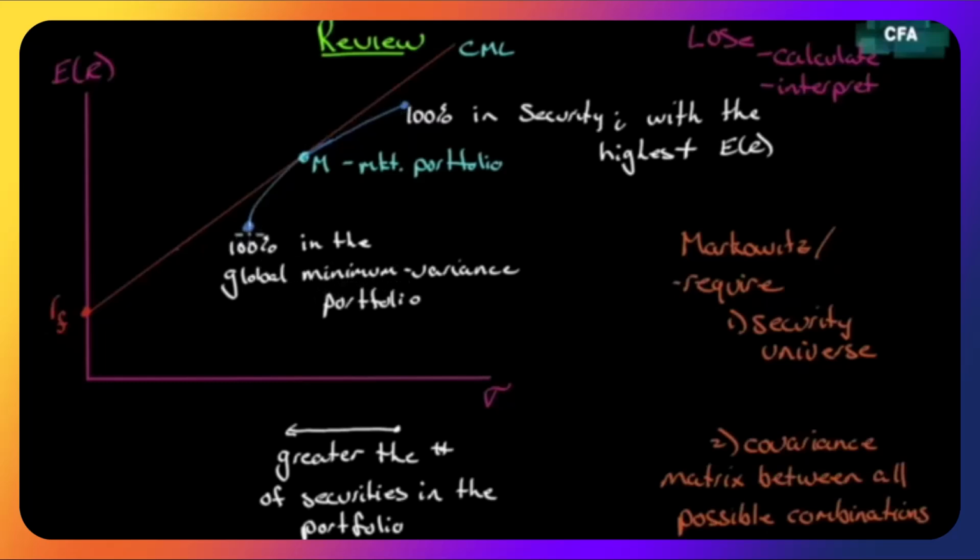We also saw that if you now combine that with a risk-free asset, from the risk-free asset to the tangent on this line, you would have a linear combination of the risk-free asset and the portfolio identified by this point. We call that the market portfolio. We'll be more clear in a second what we mean by that.